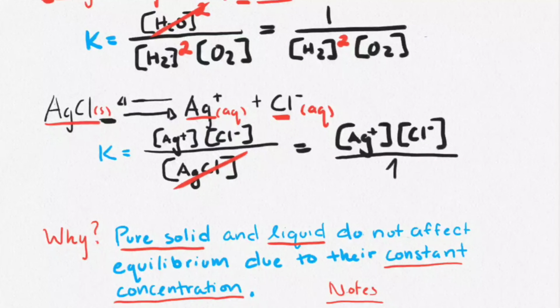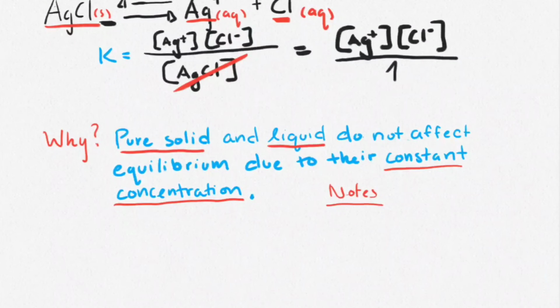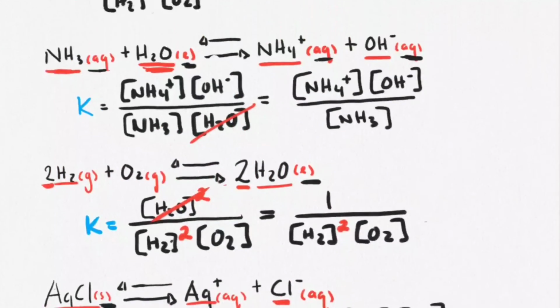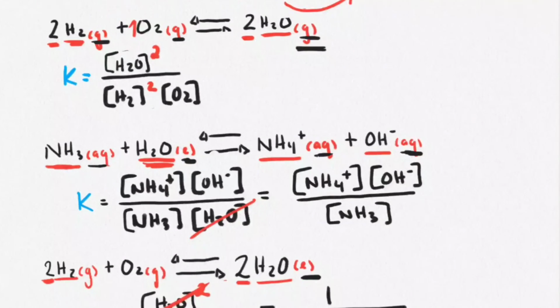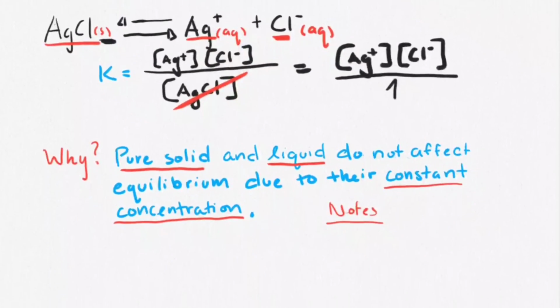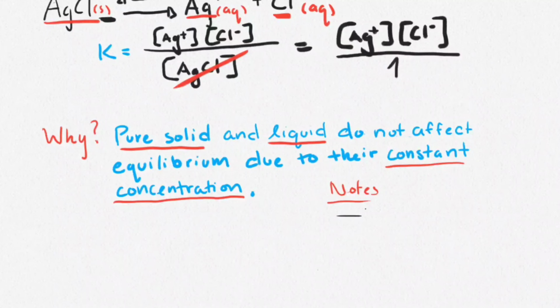So why don't we include pure solid and liquid? Because pure solid and liquid do not affect the equilibrium constant due to their constant concentrations. Some of the notes that I took for myself to help me think about it: you have gas molecules like H2O here.